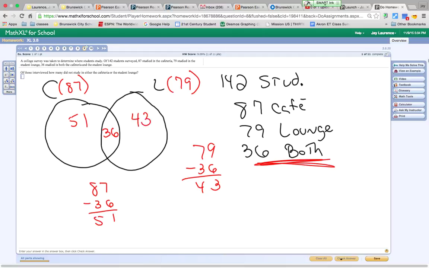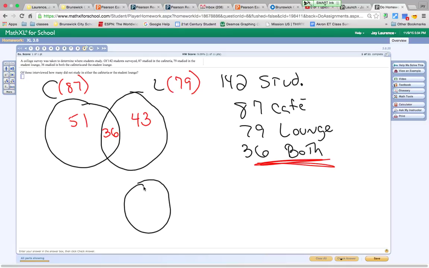All right, very good. But that doesn't answer the question. The question says 142 students were asked this, so we must have some that were neither in the cafe nor the lounge. We'll put an N for neither. How many students were interviewed? 142. How many were either in the cafe or lounge? The sum of these three numbers.